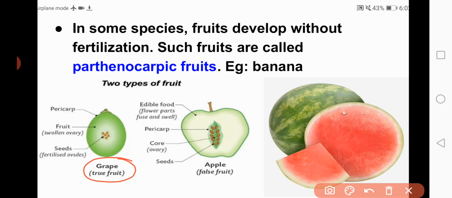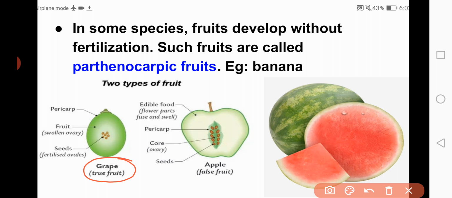Okay. Now in some species fruits develop without fertilization, and such fruits are called as parthenocarpic fruits. So what do you mean by parthenocarpic fruits? In some fruits like in banana, fruits develop without fertilization.